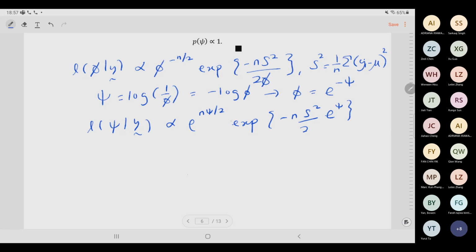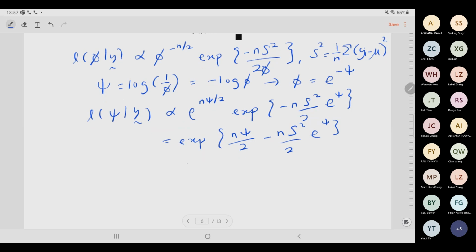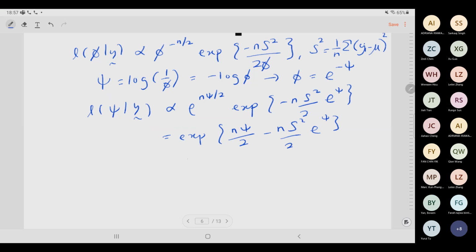And then if you join the exponential, you have this function. Now what happens is you have to play around. Our aim here is to show that it's a data translated likelihood.